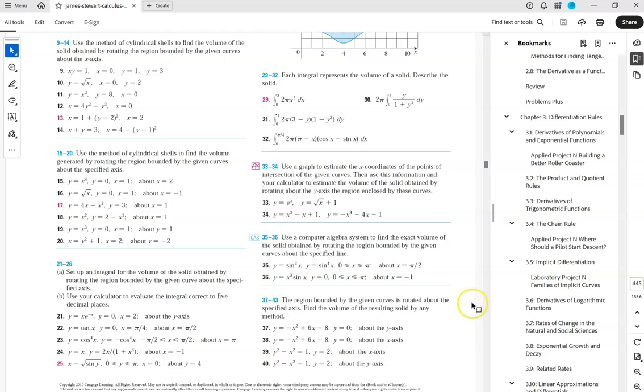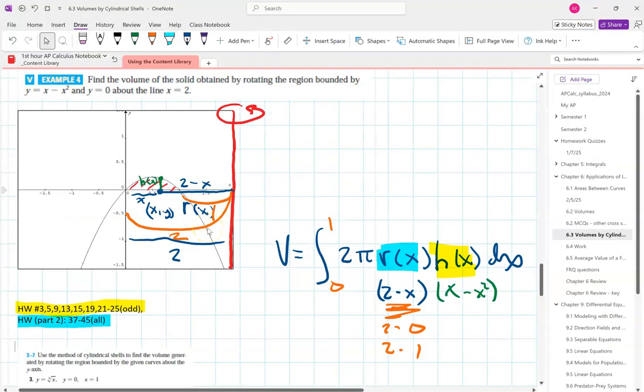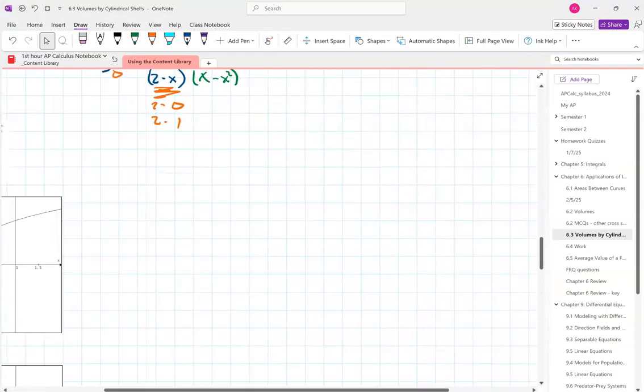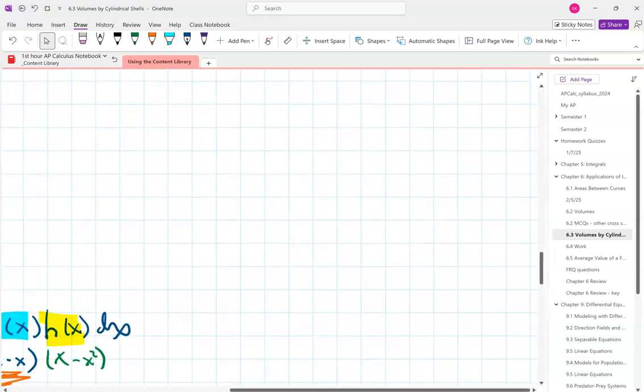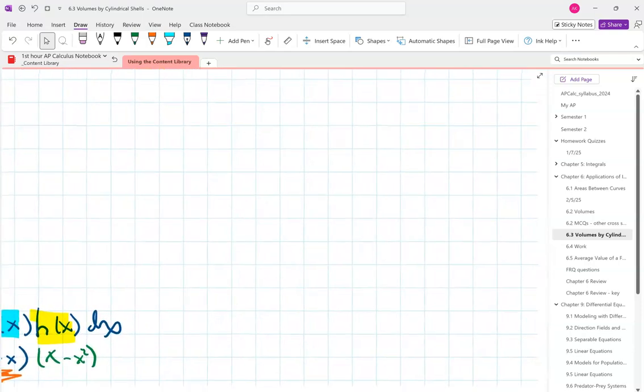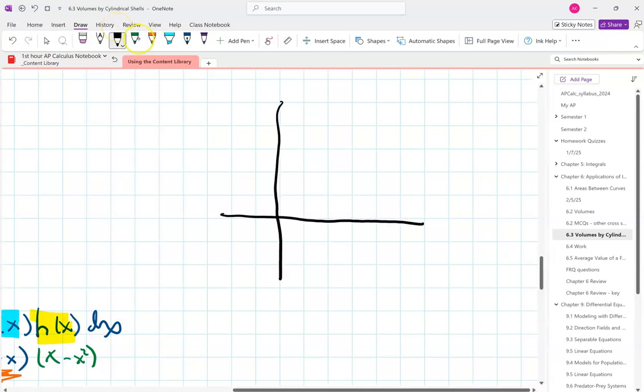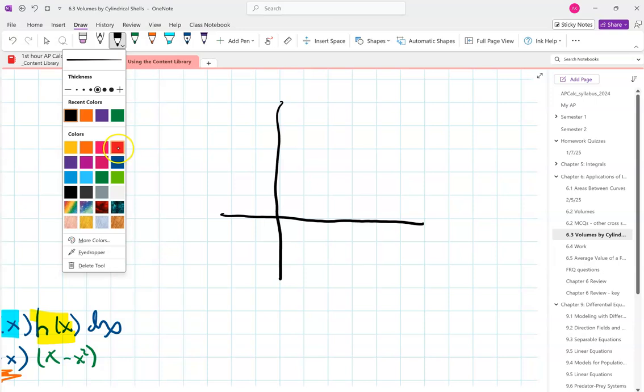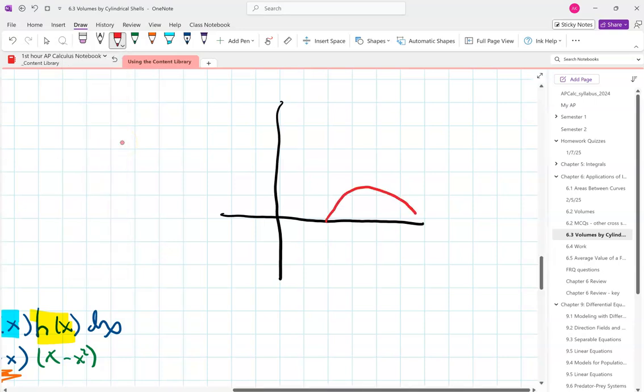Okay. Just to remind you guys, let's take three different scenarios that are basically the same thing.